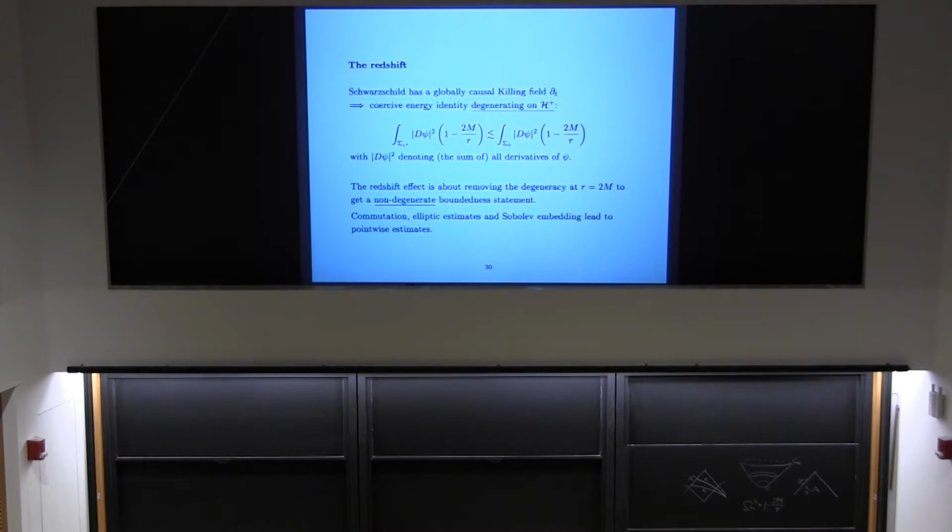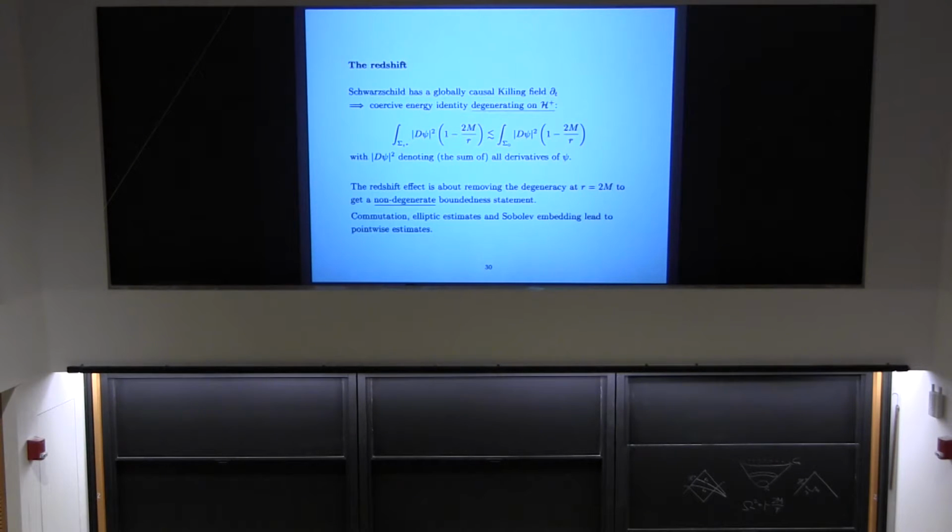So I will have a conservation law which relates an energy on sigma 0 to an energy on sigma t, and a boundary term on the horizon. But the vector field d by dt is such that it becomes null on the event horizon. What this means is that if you apply the d by dt energy identity, you get an energy identity, but you have a weight in the energy identity which degenerates on the event horizon at r equals 2M.